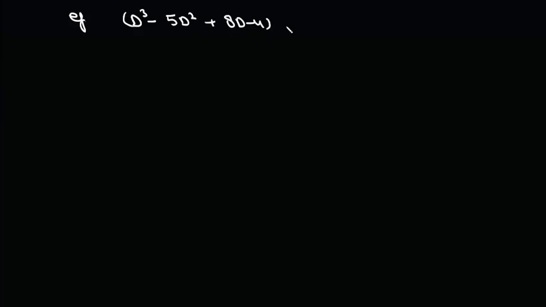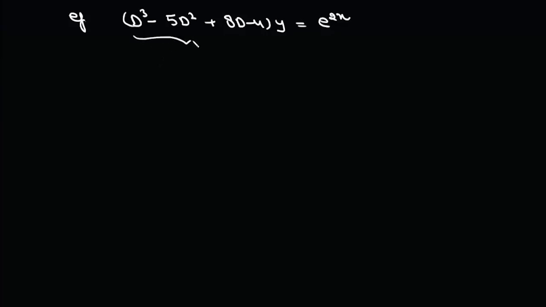Now let us take another example. Now the question is (d cube minus 5d square plus 8d minus 4) into y, and it is equal to e to the power 2x.